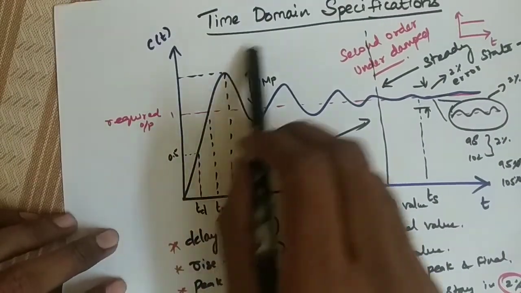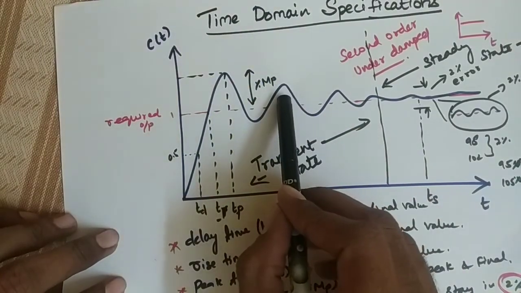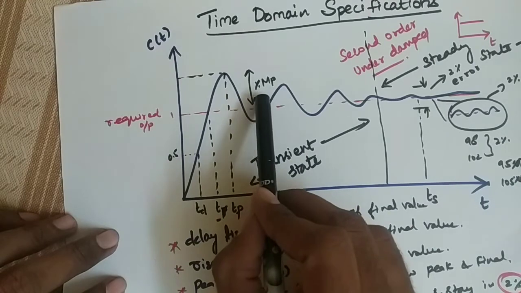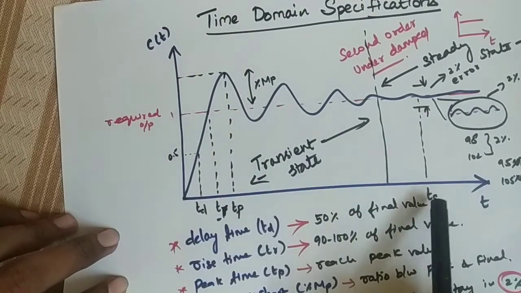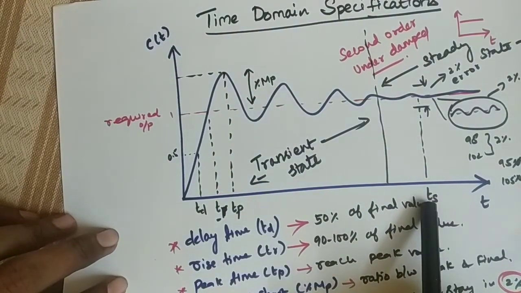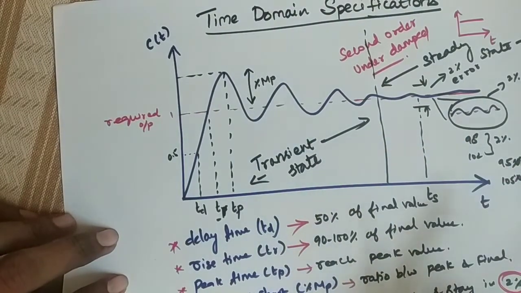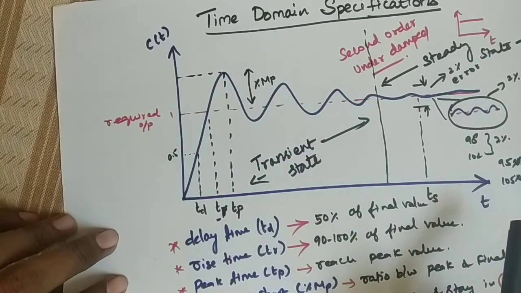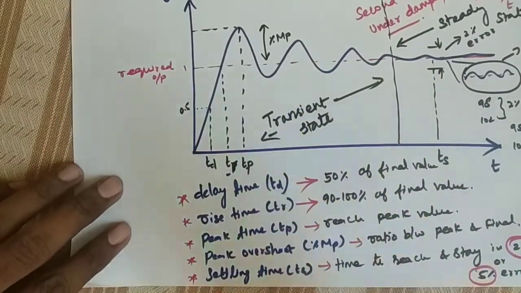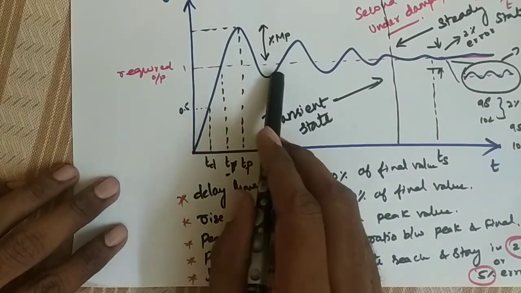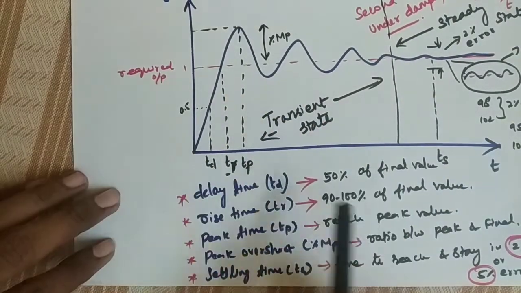Very important, reduce the percentage MP to avoid unwanted damage to the system, and also reduce the value of TS. If the system is well performing, the delay time, rise time, peak time, percentage MP and TS should be minimized.